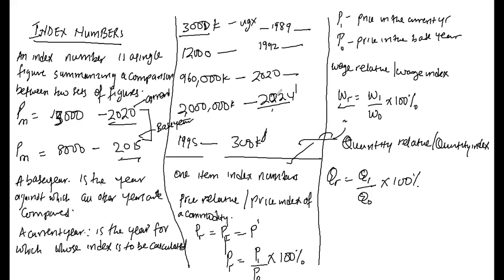In 2020, the quantity produced is 10 million. So they can ask you to compute the quantity index, the quantity relative, how much production is going on by Coca-Cola as of now. And there you can get to know whether the factory is improving or decreasing.